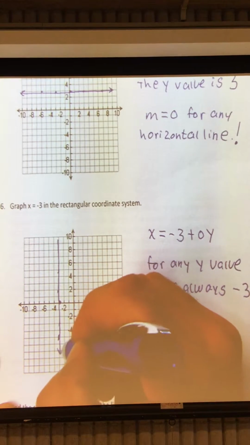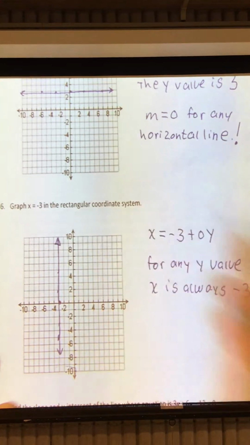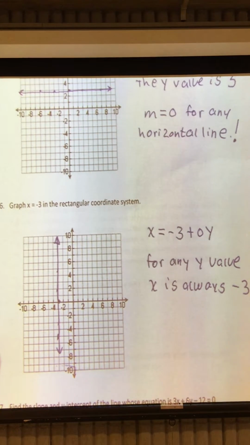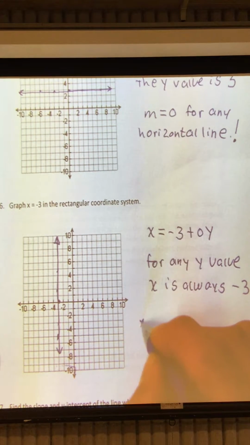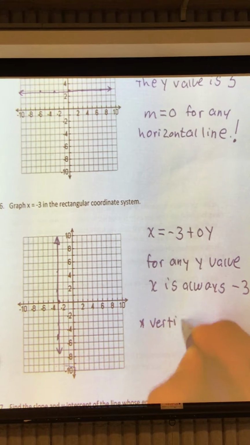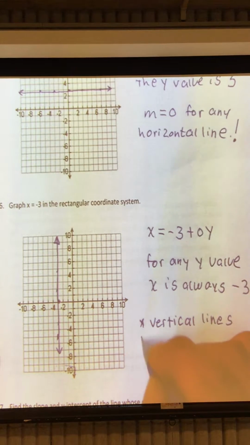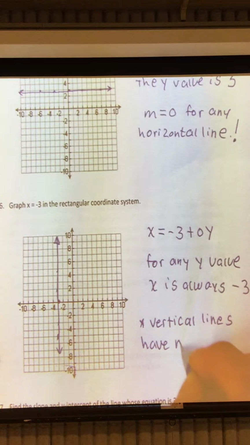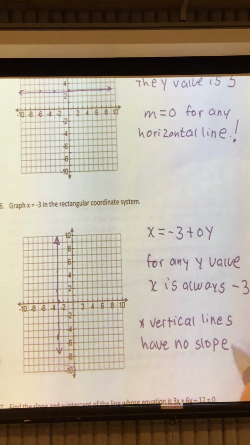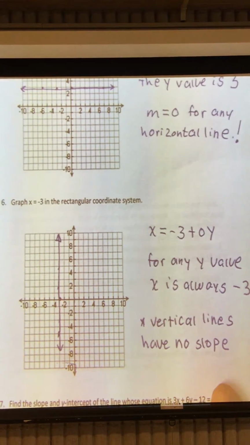This makes the graph a vertical line. And just to note here that vertical lines have no slope. In a way, you can think of it to be infinitely steep, since it cannot be steeper than a vertical line.